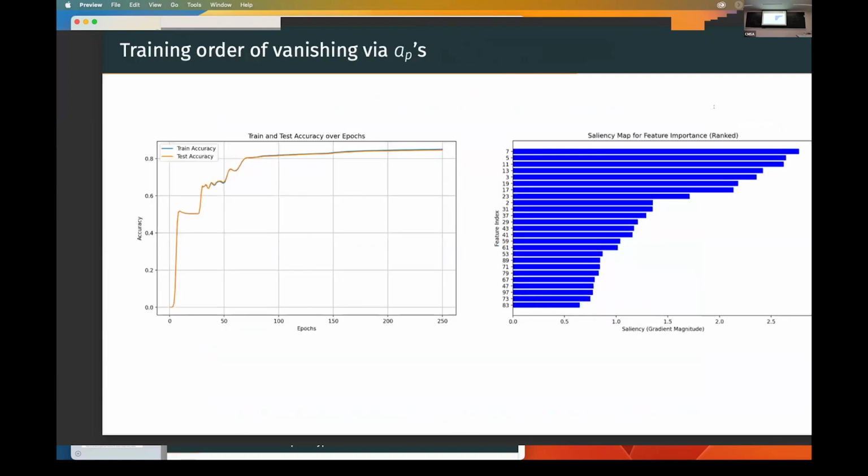We try to train a neural network to get the order of vanishing. Particularly here, we plot the train and test accuracy, and also the saliency map for our APs. And you can see, interestingly, smaller APs play a bigger role. Not all of them, because for example, A2 seems to play a much smaller role than A7 for some reason.